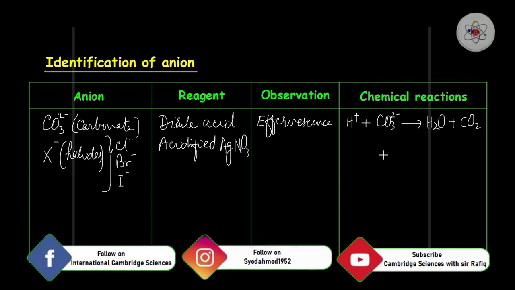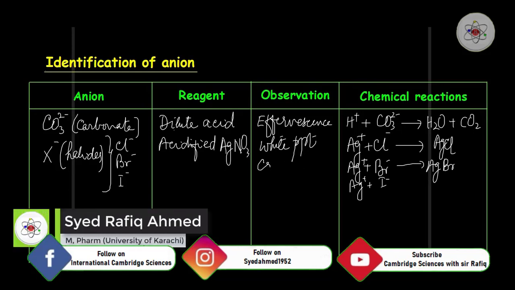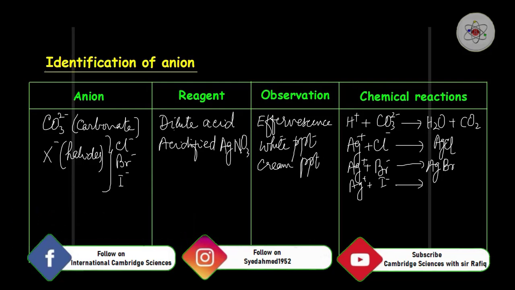Silver nitrate reacts with chloride, bromide, or iodide to form insoluble salts: silver chloride, which appears as a white precipitate, silver bromide, which appears as a cream precipitate, and silver iodide, which appears as a yellow precipitate. All right.